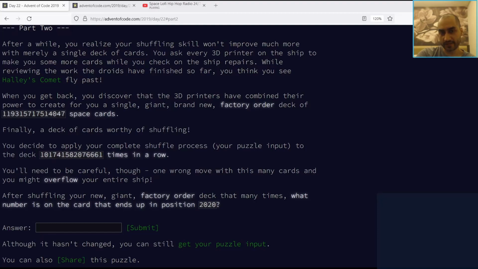So basically, the first step I would say is just focus on a certain card, 2020, and rewrite our shuffling method so it only follows where 2020 will go, and not the other things, essentially.